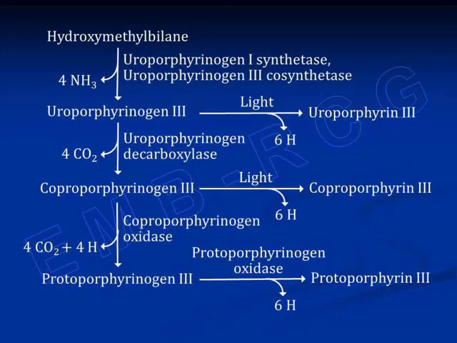Then the uroporphyrinogen 3 can also become coproporphyrinogen 3 with the help of uroporphyrinogen decarboxylase. The coproporphyrinogen 3 can get converted into coproporphyrin 3. The coproporphyrinogen 3 can also convert into protoporphyrinogen 3 with the help of the enzyme called coproporphyrinogen oxidase. The protoporphyrinogen 3 can then convert into protoporphyrin 3.